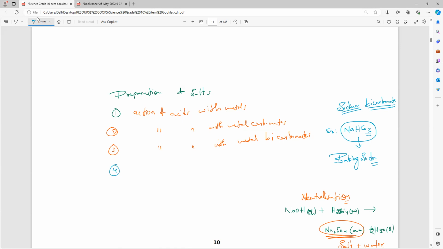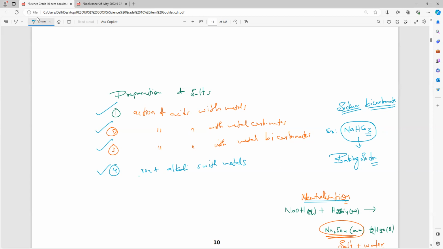The fourth method of preparation is the reaction of alkalis with metals. So these are the four different methods, other than the neutralization reaction, by which we can prepare salts.